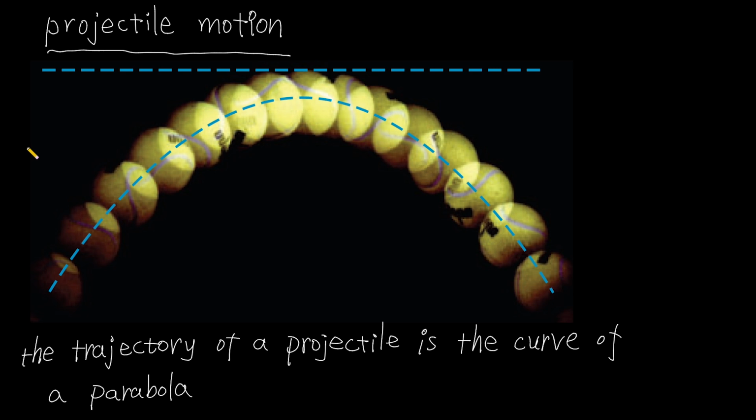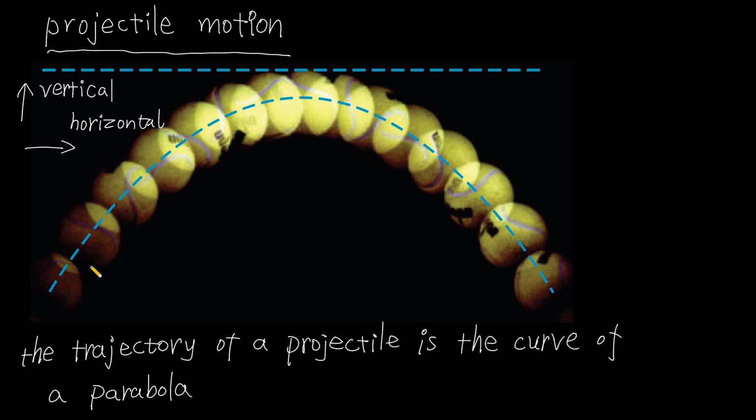And this direction is horizontal direction. And this direction is vertical direction. And this picture also shows that the projectile motion is a 2D motion.